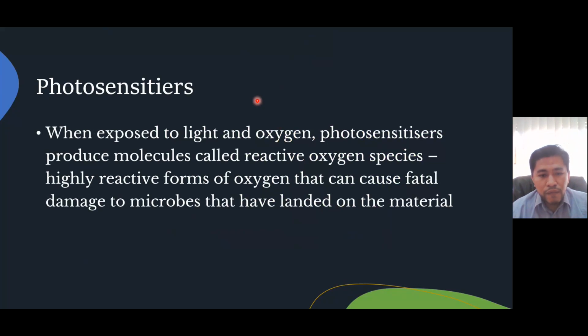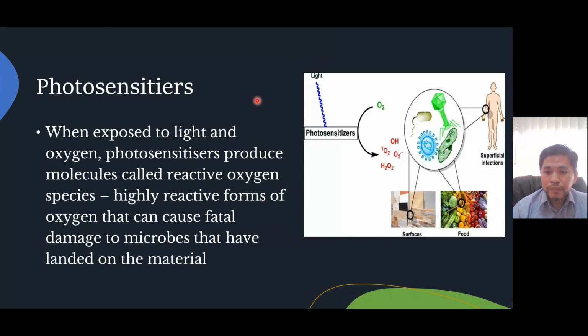And this highly reactive form of oxygen can cause fatal damage to microbes that landed on the material. The source of light could be something as simple as sunlight, an abundant, freely available resource, although artificial lighting or light from a specialized source such as fiber optics or LED can also be used.